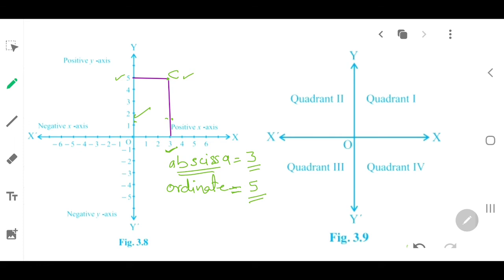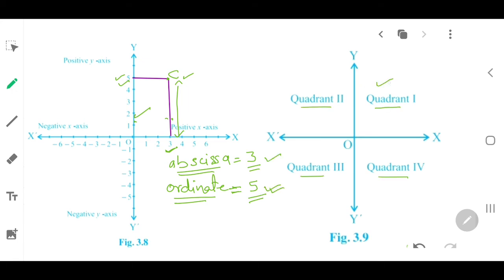And the distance of the coordinate C from x-axis is known as ordinate. And the value is how much? 5.